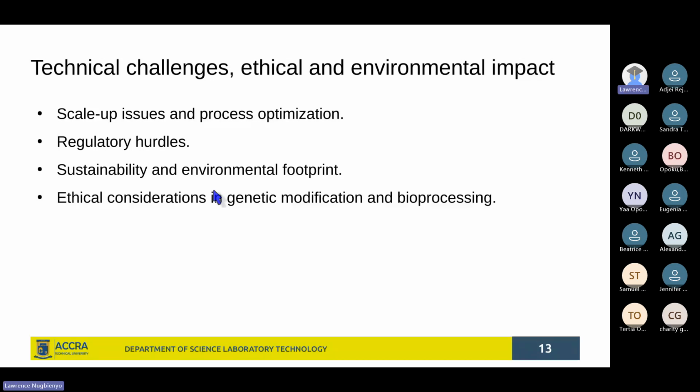Will some of these genetic modifications not result in strains of bacteria that later will become harmful? All of these are questions that need to be considered in the development of technologies to be used in industries.